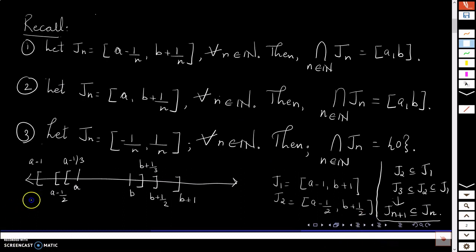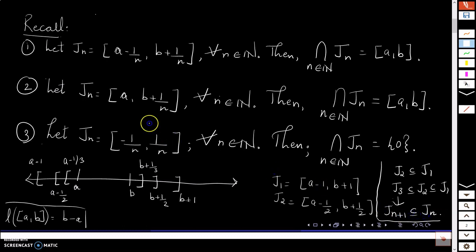By the length I mean, if I have the closed interval a comma b, its length is the number b minus a. Okay, that's called the length of this interval. So if you see here, the length of the intervals keeps on shrinking. So each Jn plus 1 is contained inside Jn.